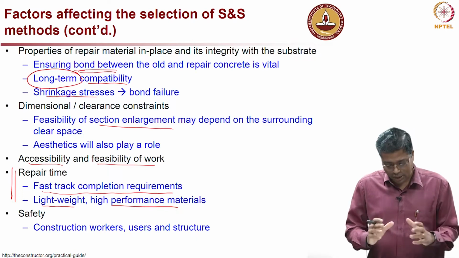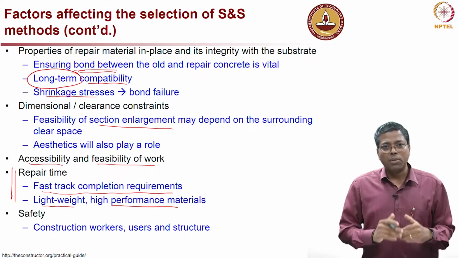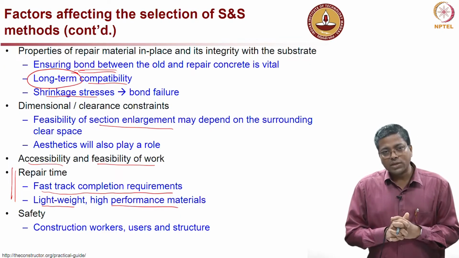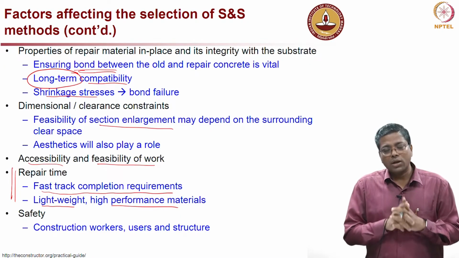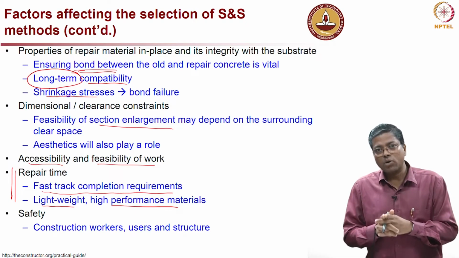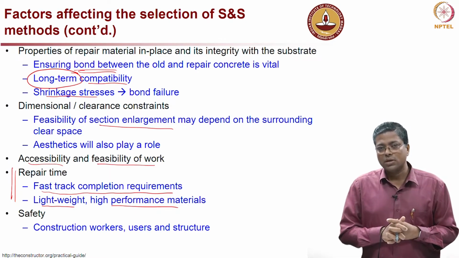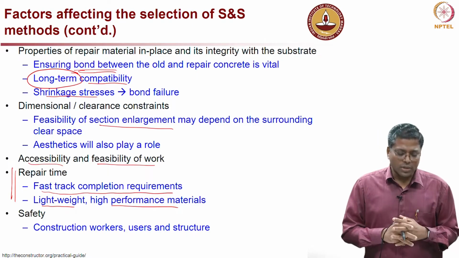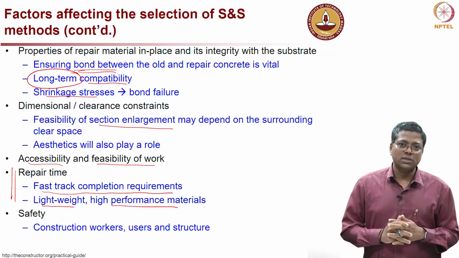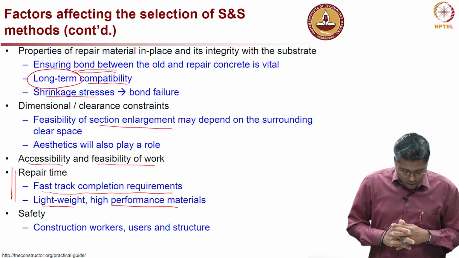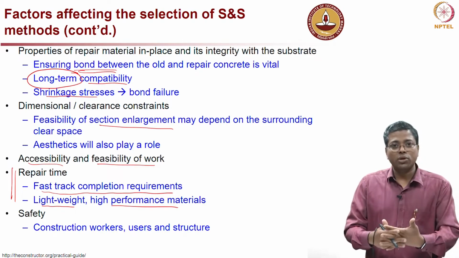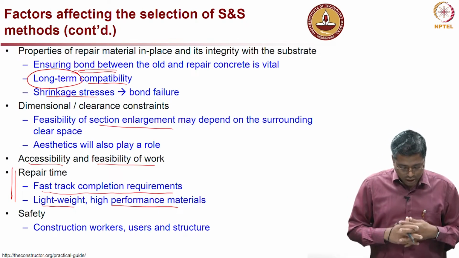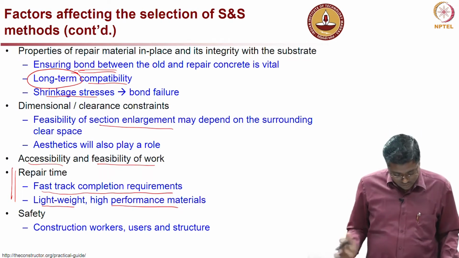Most often, case by case it differs, but in general we can say, and at the same time when you go for lightweight materials, you will not add more weight to the structure. So, in other words, the dead load of the structure will remain more or less similar, not much change might happen. And high performance means again durability is thought through, and also structural performance.